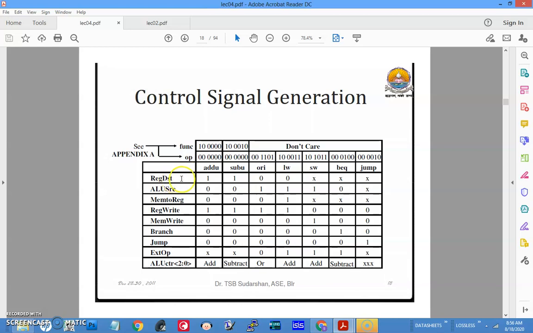For register destination, let's say for the add unsigned instruction, the function code is 1 0 0 0 0 0 and the opcode is 0. This is there in the appendix of the textbook. For the time being, understand that if this is the case, you have this setup of control lines.